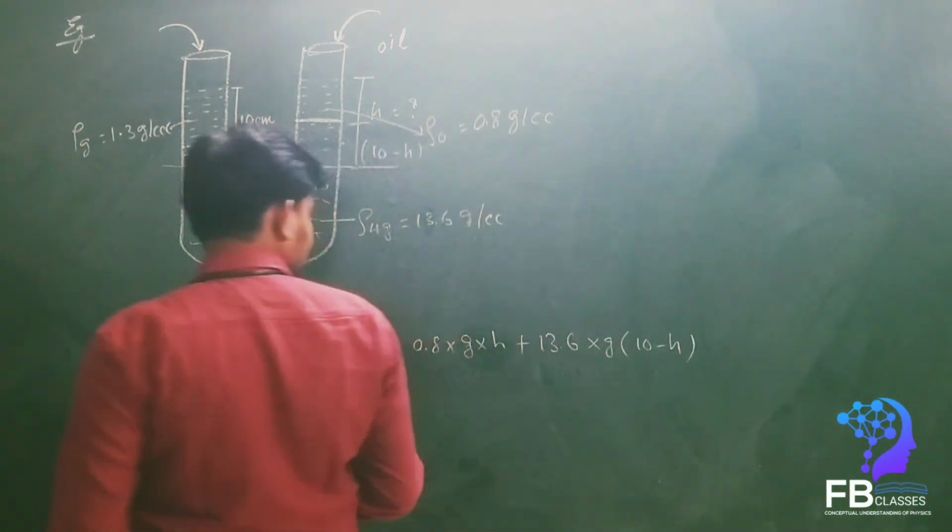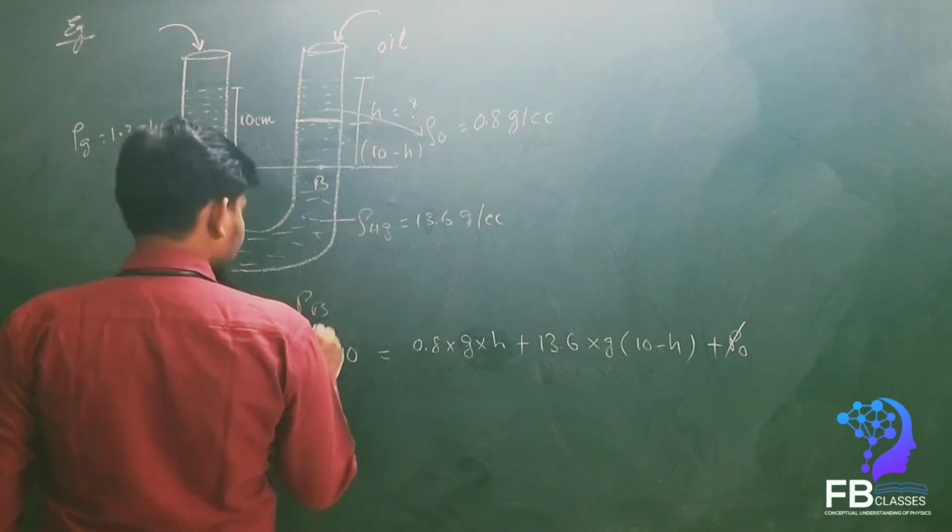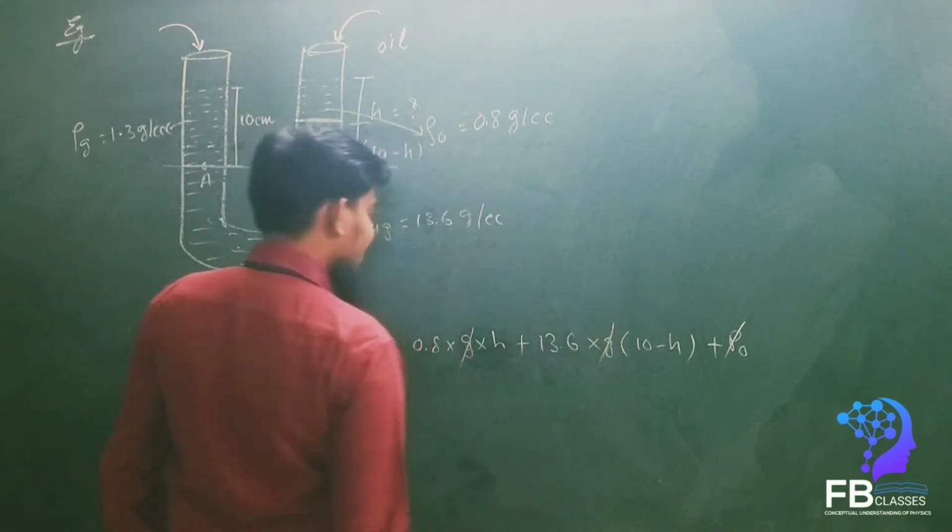Here, this side also P naught will be there. P naught gets cancelled. g gets cancelled.